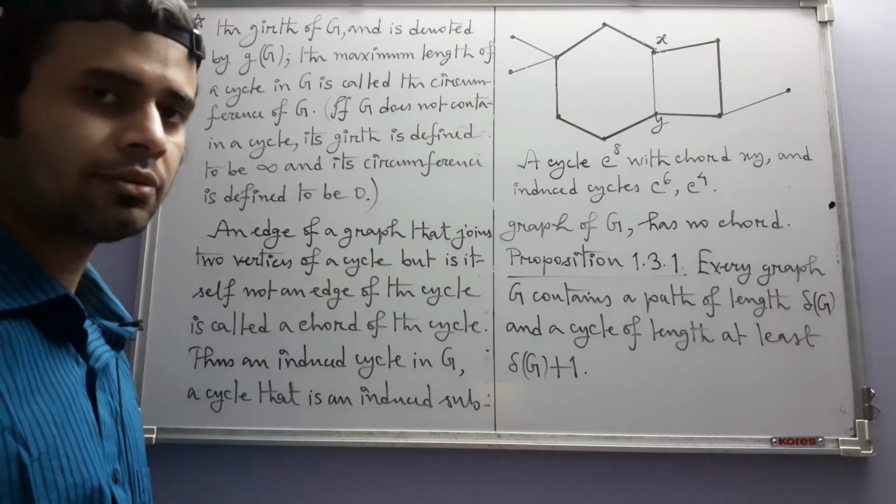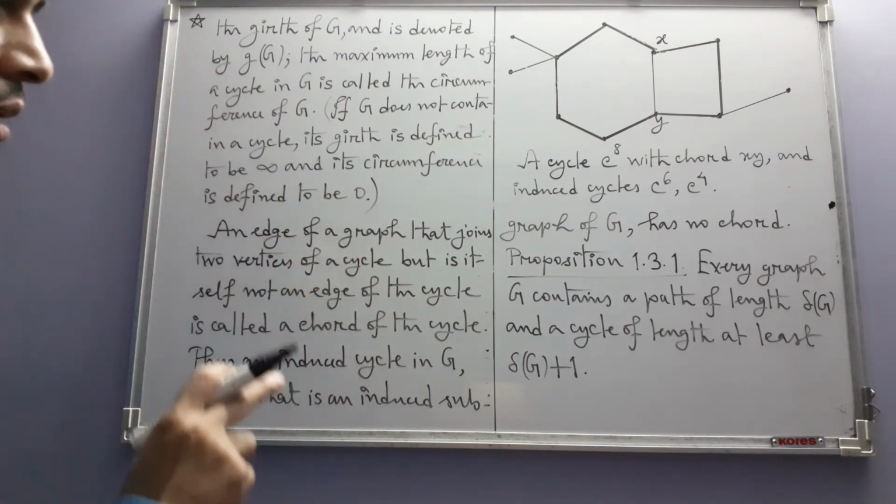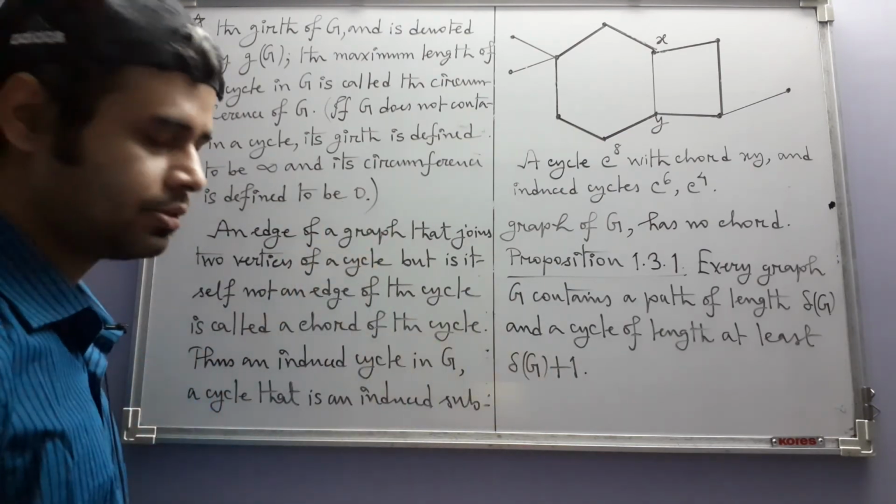So whatever the graph may be, there will always be a path of that length and a cycle whose length is at least this.